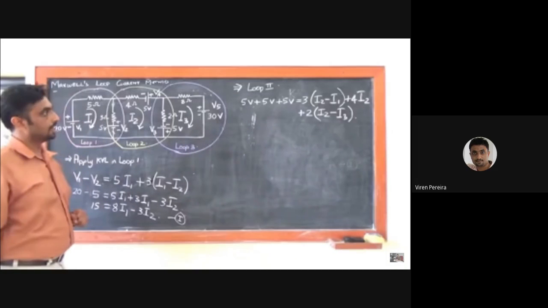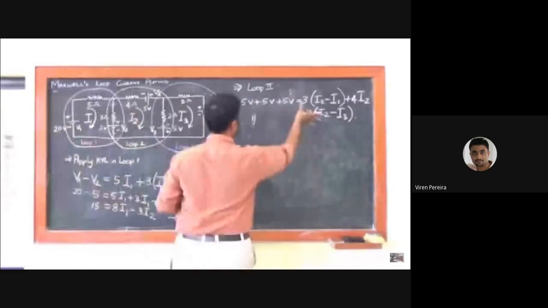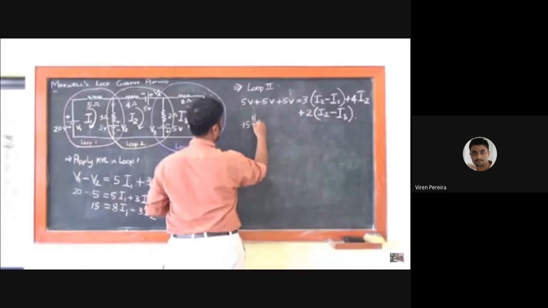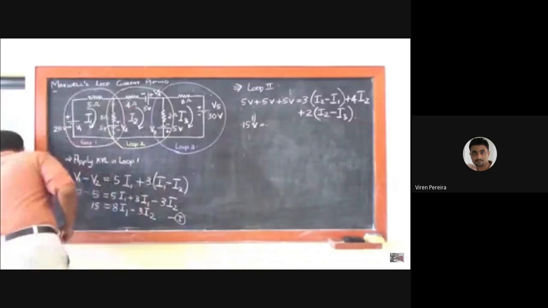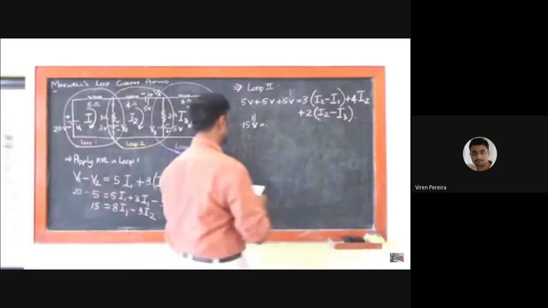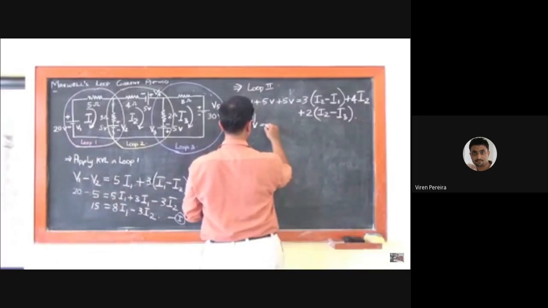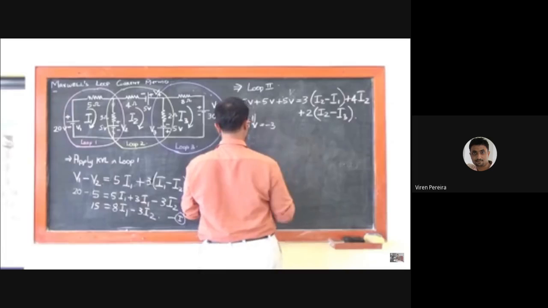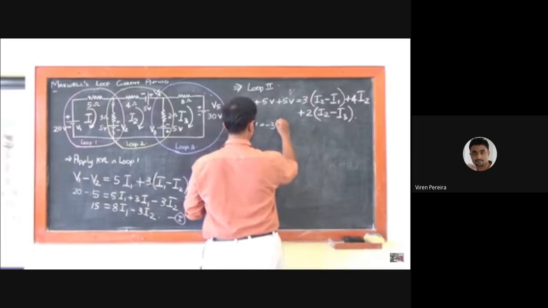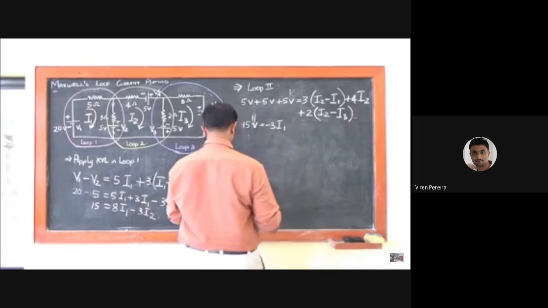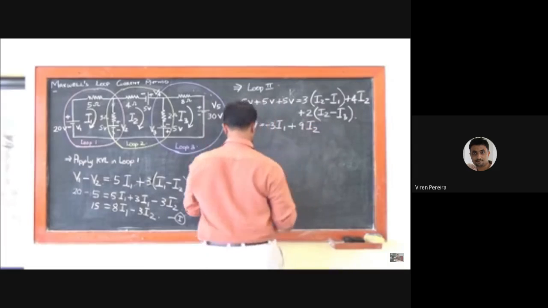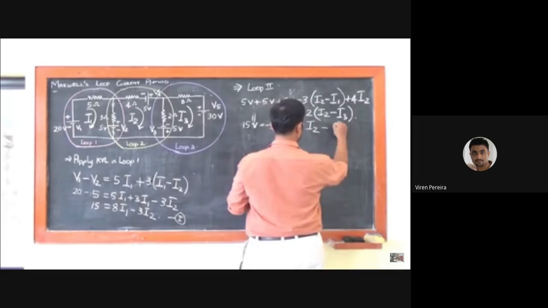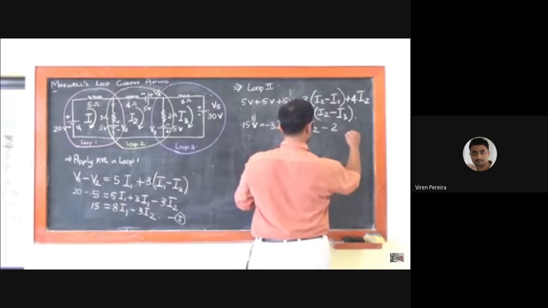Then again we expand this, we add all this up, it will be 15 volts equals to minus 3 I1 plus 9 I2 minus 2 I2.